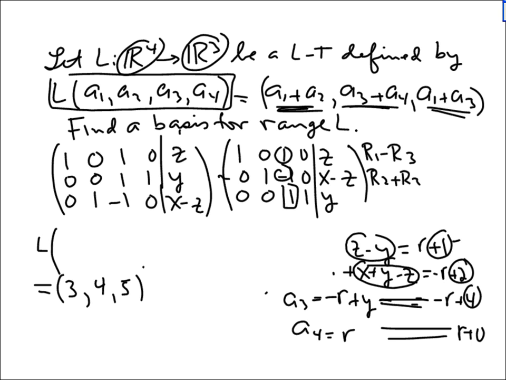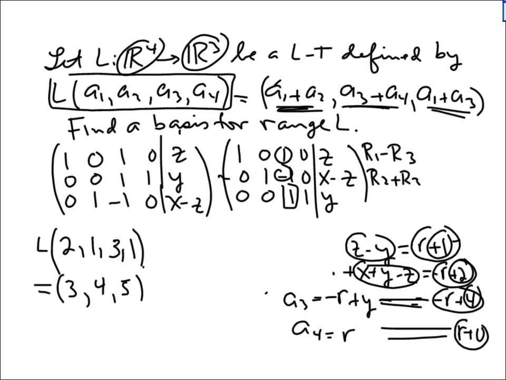Let's see if it really works when R is 1. Well, 1 plus 1 is 2, so A1 is 2. Negative 1 plus 2 is the same as 2 minus 1, which is 1. And negative 1 plus 4, better known as 4 minus 1, is 3. And 1 plus 0 is 1.